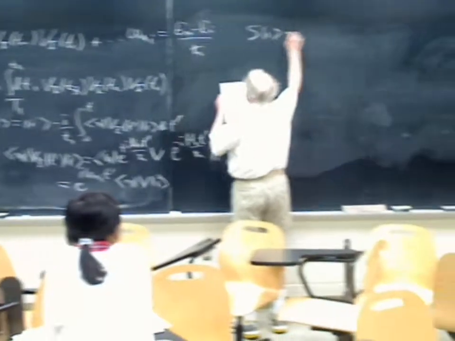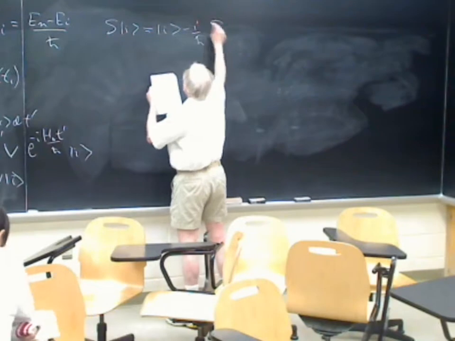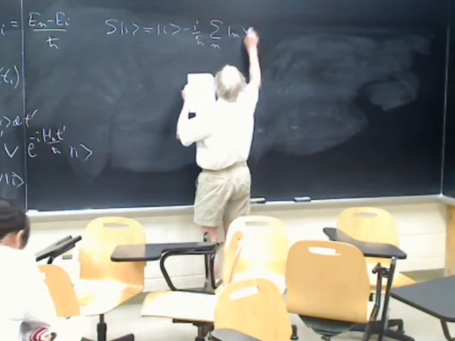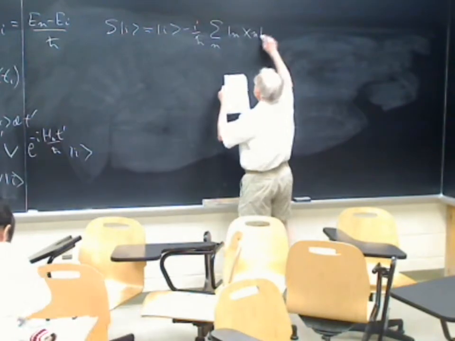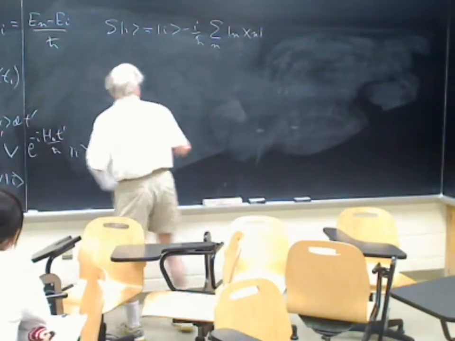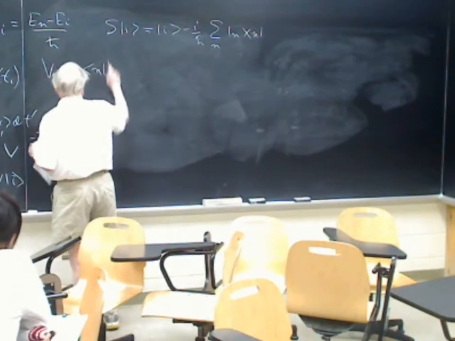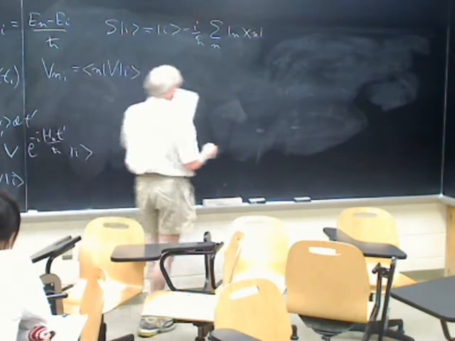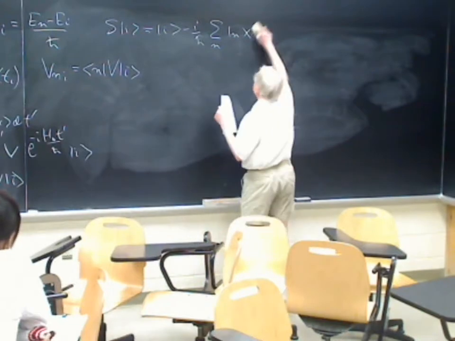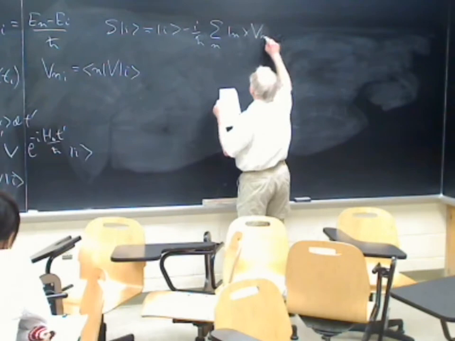Okay, so what is our state? Well, SI now then is I minus I over H bar sum on N, and N, you can call this thing VNI. VNI is N V I. So let me get rid of this thing.